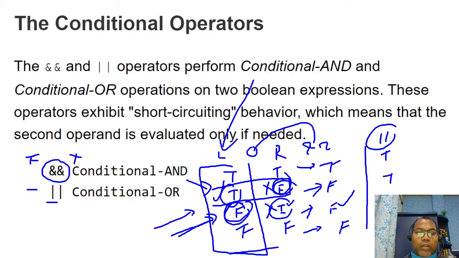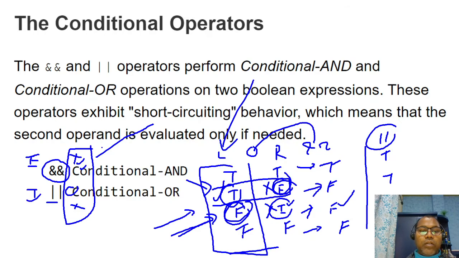If the first is evaluated as true, they skip the second one, because they know that whether it is true or false doesn't matter, I always return true. Similarly, the AND operator says if the first is evaluated false, it doesn't matter whether the second is true or false, I always return false. Due to skipping the second expression, this is known as a short circuit operator.